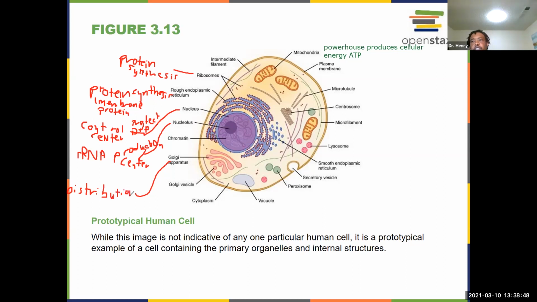It also is where proteins are modified, and tagging proteins for their destination. Okay.